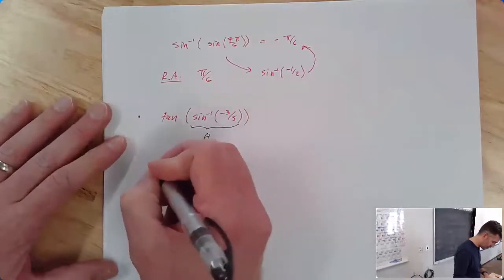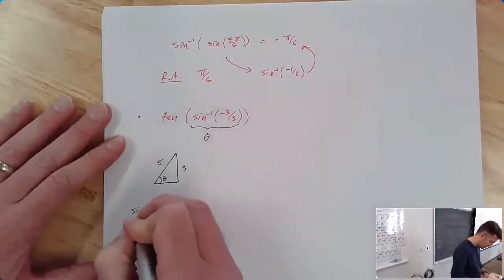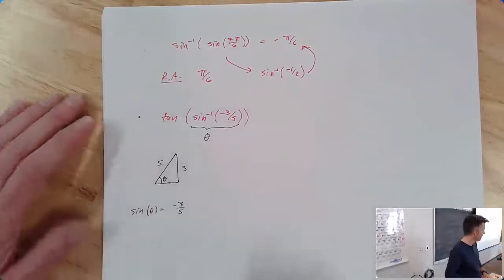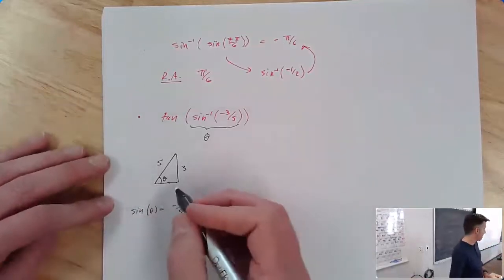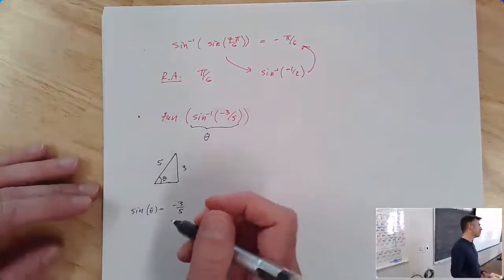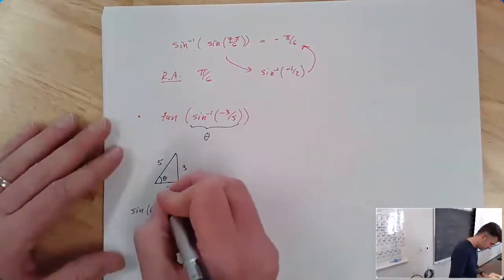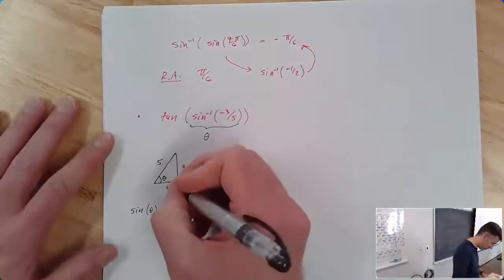So opposite over hypotenuse is 3/5. And then my other side, I can use the Pythagorean theorem to find. In this case, it's our usual lovely 3, 4, 5 right triangle.